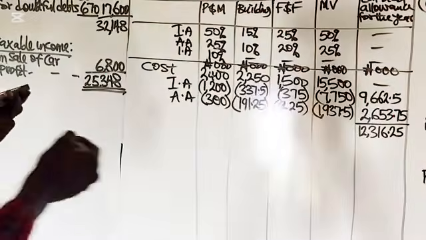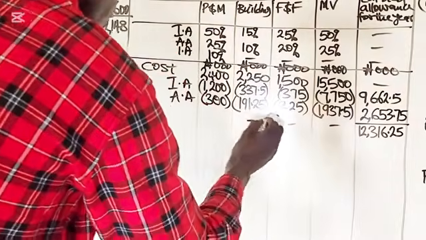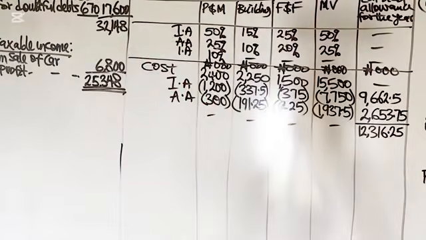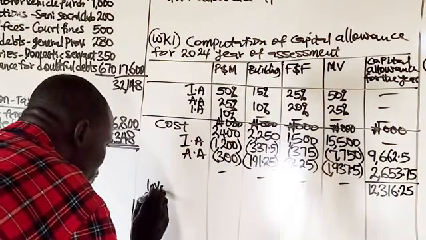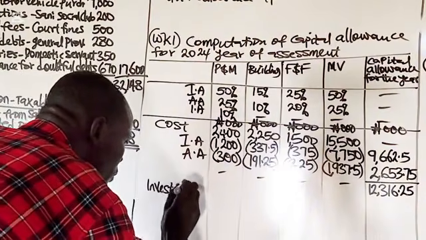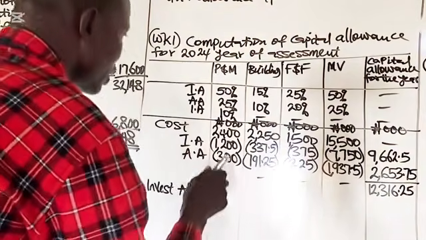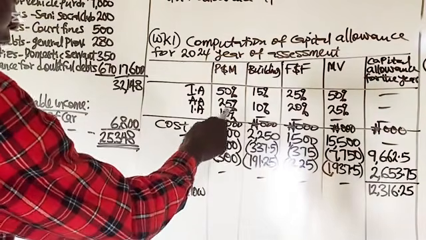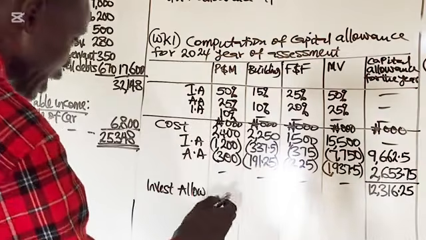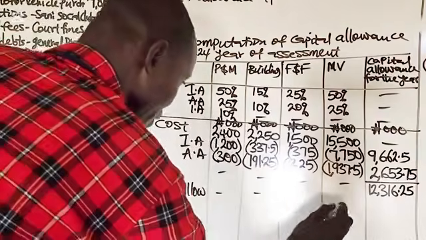Now, we have investment allowance. The rate of 10% on cost, 10% of 2.4 million, that gives us 240,000.